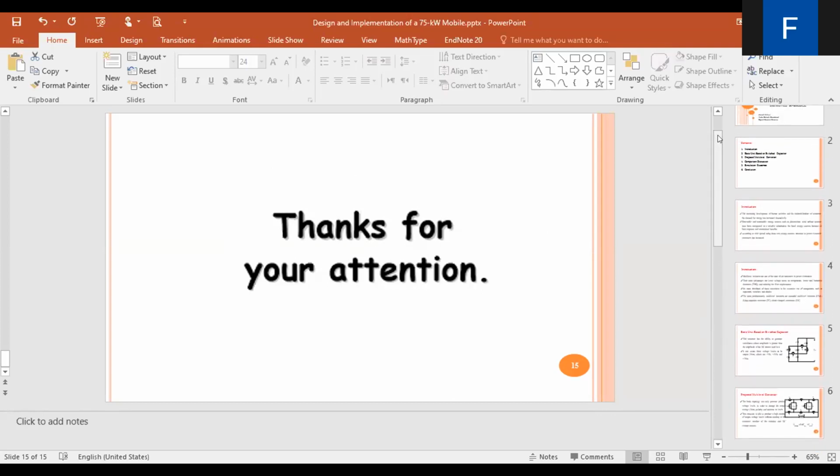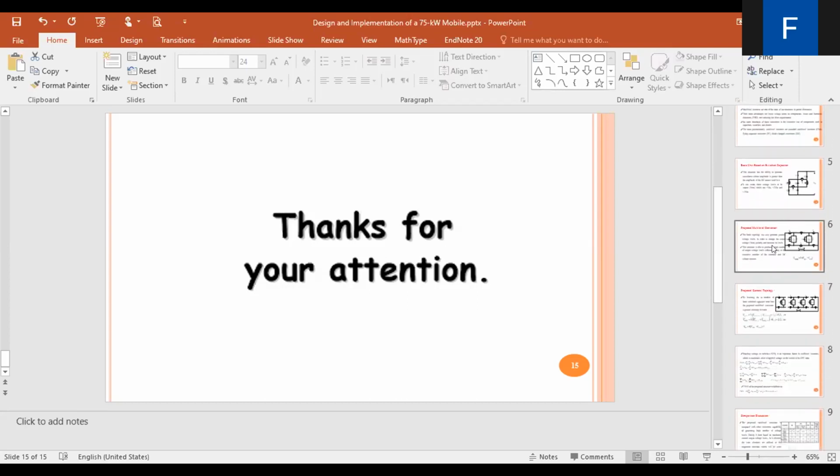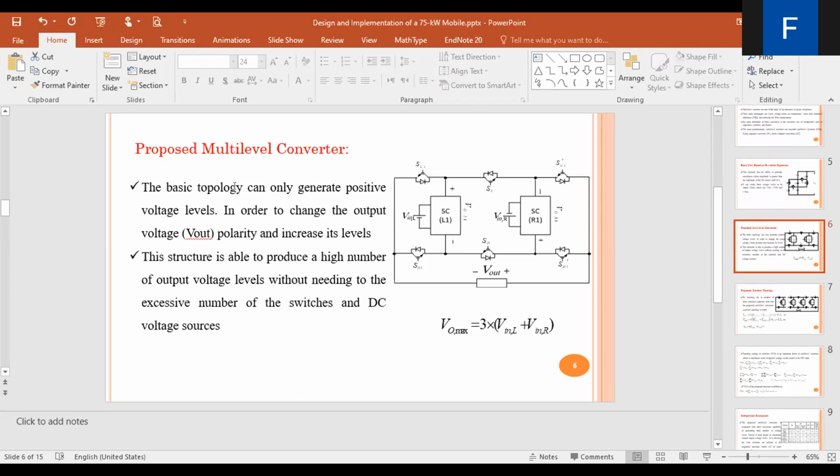So please kindly let me see your proposed converter structure. This is the slide. Okay. And what is your SC block, the switch capacitor block, the internal circuit of the SC block?